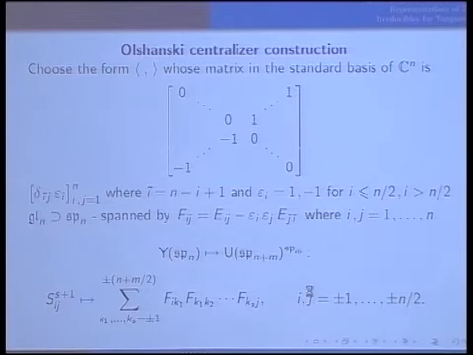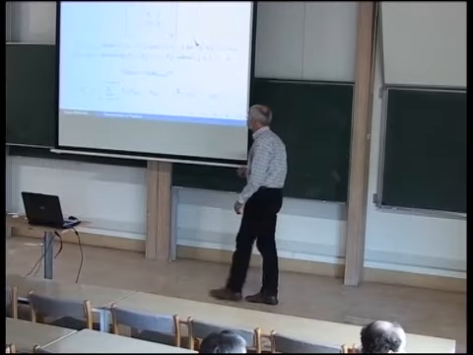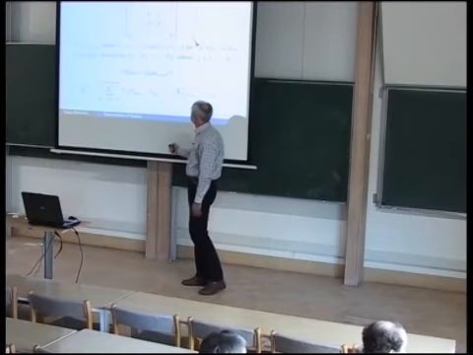To describe this, it is more convenient to choose the basis which is usual for the symplectic Lie algebra. The skew-symmetric form is given by this matrix, and the indices are either positive or negative. The generators are defined like F_ij.